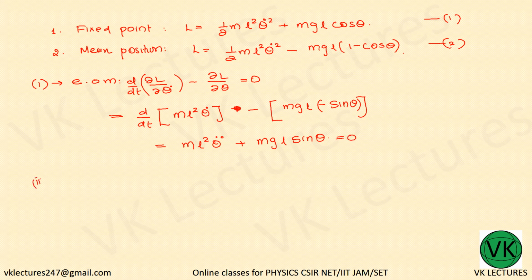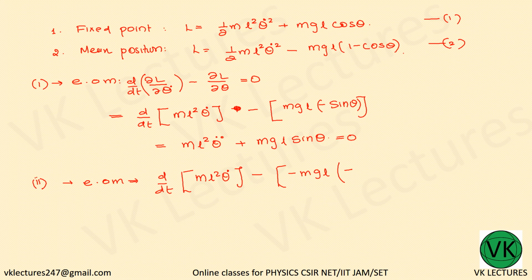Looking into the second aspect, the mean position, the equation of motion: d by dt of dou L by dou theta dot remains constant, that is ml square theta dot, minus, now we need dou L by dou theta, that's again minus mgl, with again a minus sign.